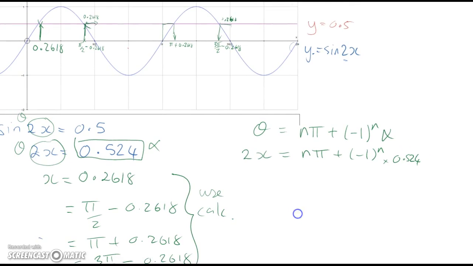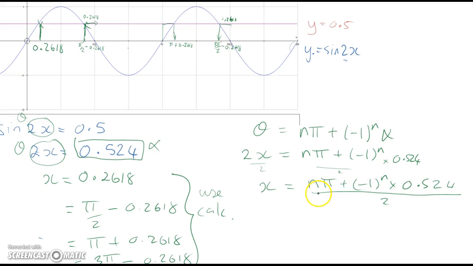So I'll just move that over a bit so we've got a bit more space. Then I can say, well, x is going to equal n pi plus negative 1 to the n times 0.524, the whole side, because I had a 2 there, I'm going to divide both sides by 2, the whole side over 2. Now there's a plus over there.